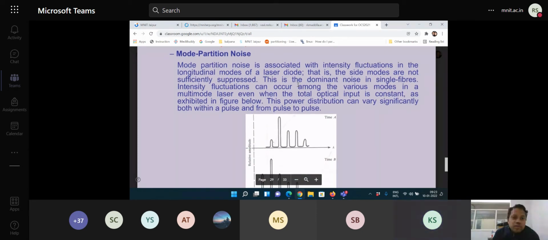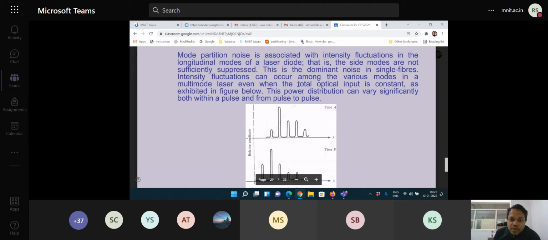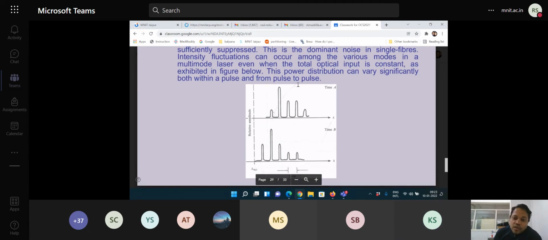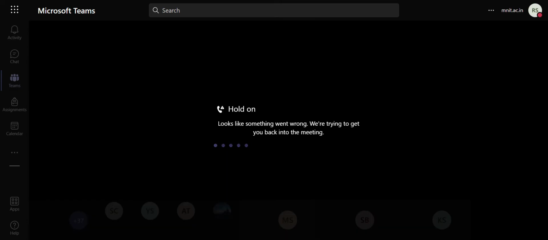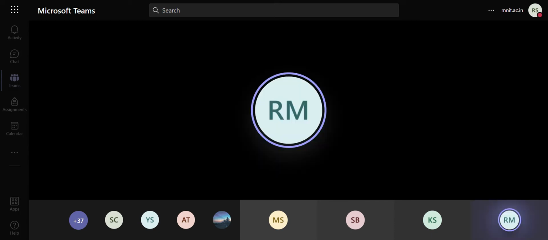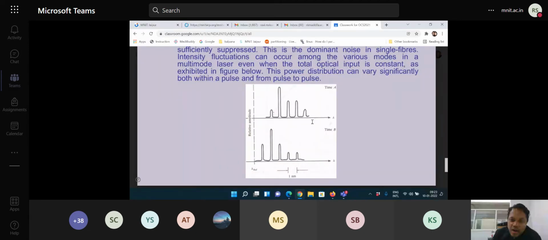The other type of noise is mode partition noise, which is again because of the laser source. I had shown that a laser can have a wide profile, and out of that, hardly about one or two modes would usually be coupled onto a fiber.